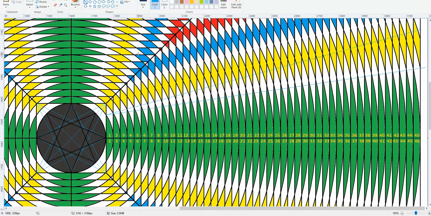It would look something similar to this. Make it bigger here where everybody can see, to where it looks more like that.